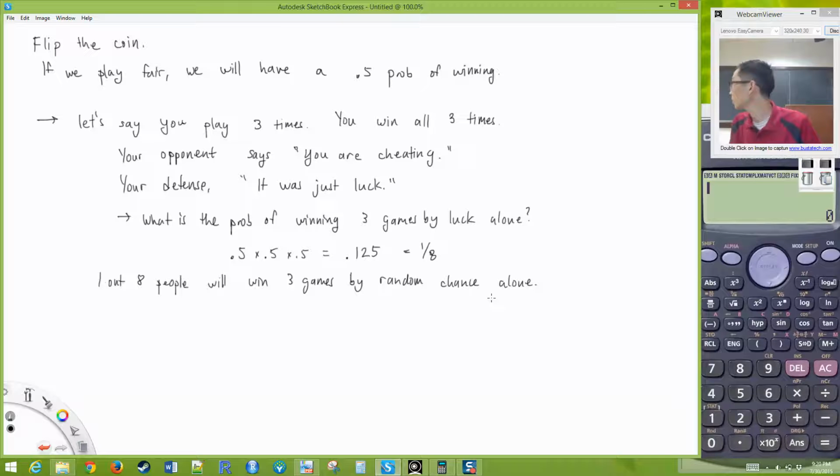And so 1 out of 8, that seems like it's not a high probability, but it's not very low either. So we can't disregard this possibility that you won the game just by luck alone. So this is not a trivial probability.